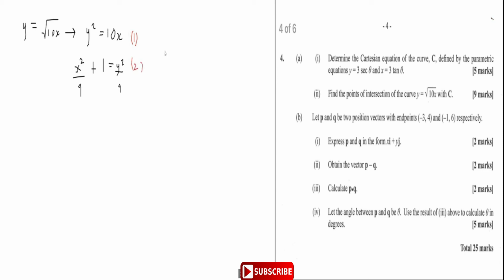So substituting 1 into 2, we're going to have x squared over 9 plus 1, which I'm going to rewrite as 9 over 9, and that's going to be equal to y squared, which is 10x over 9.